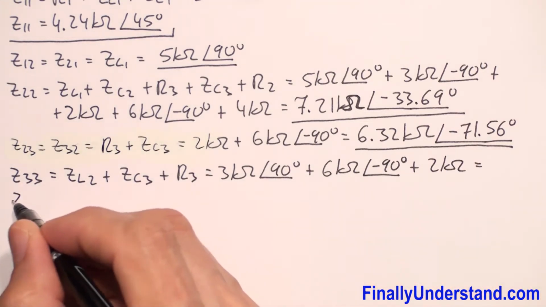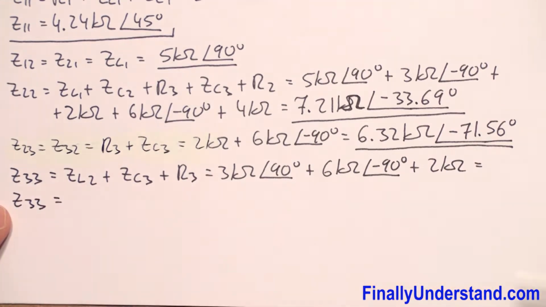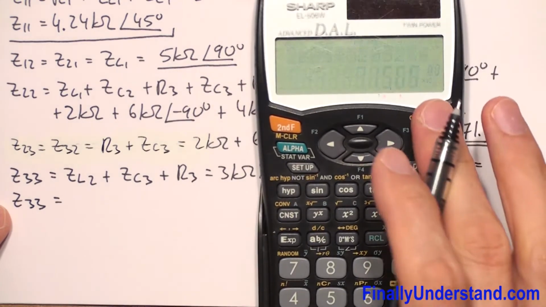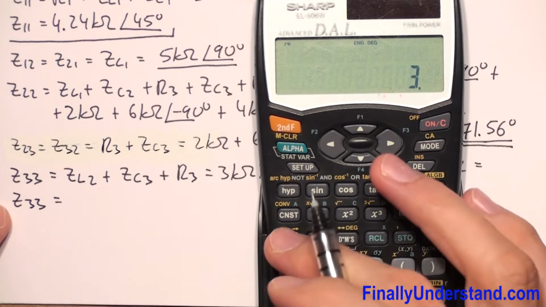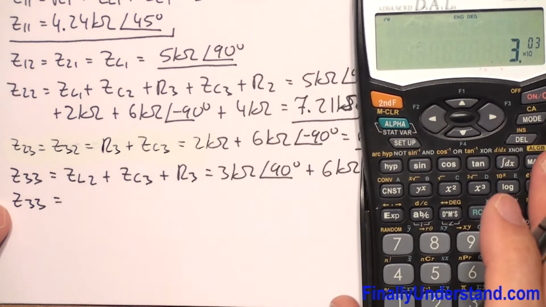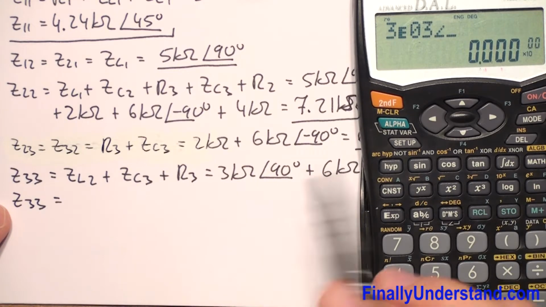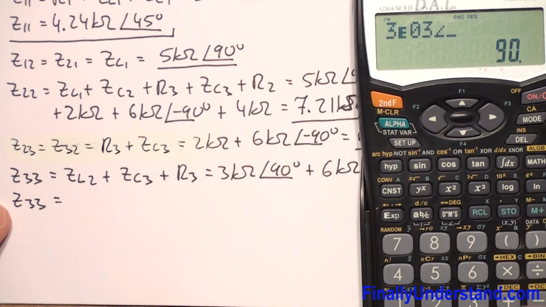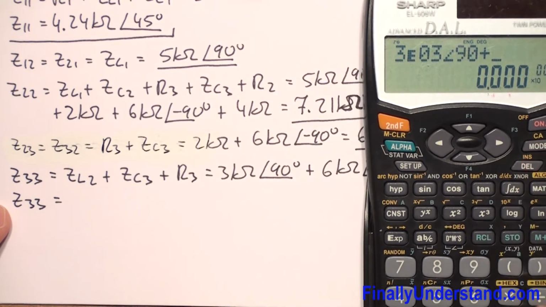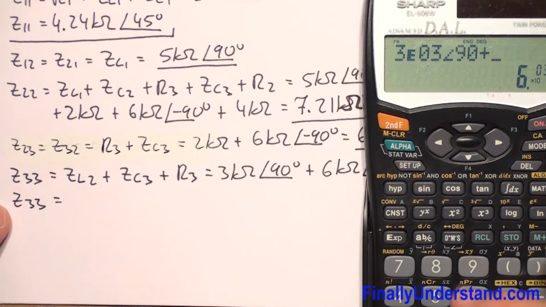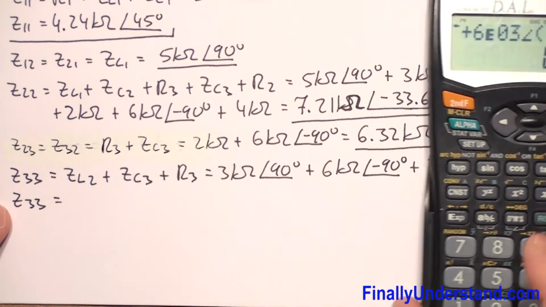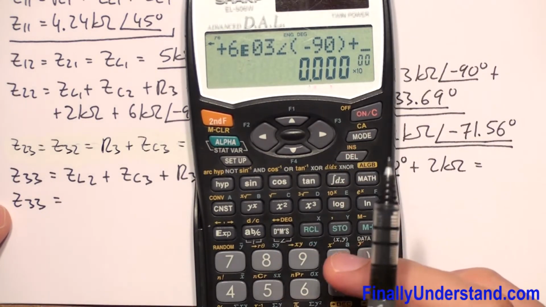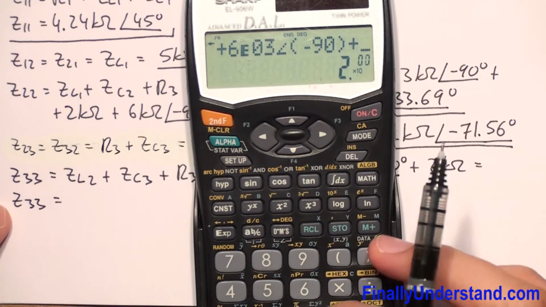Okay, so I have Z33 is equal to 3 exponent 3 and angle of 90 degrees plus 6 exponent 3 and angle of negative 90 plus 2 exponent 3.